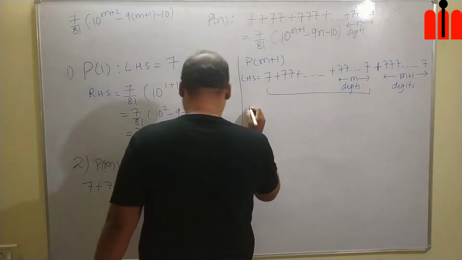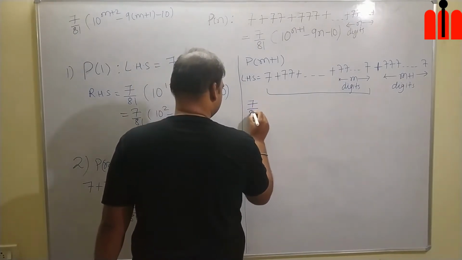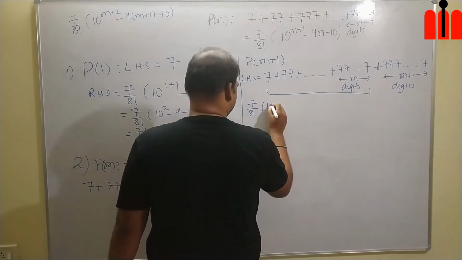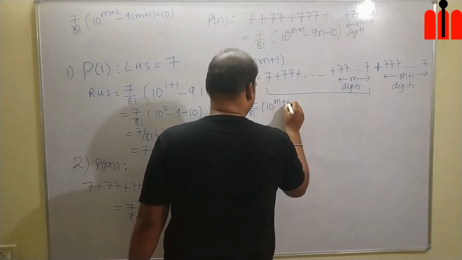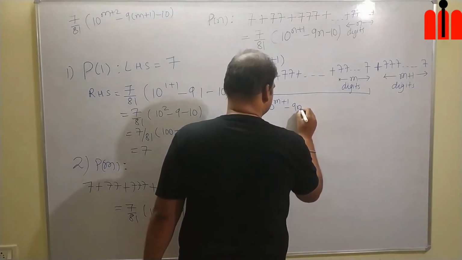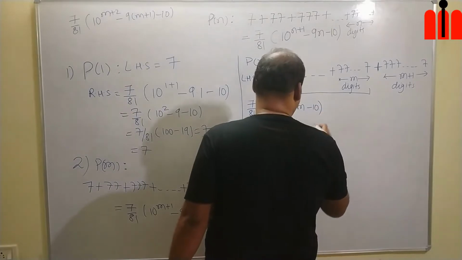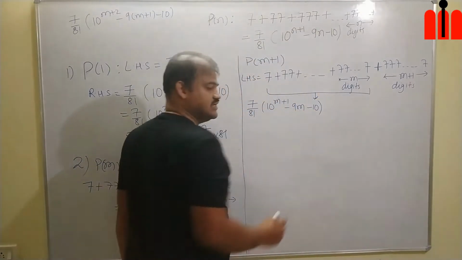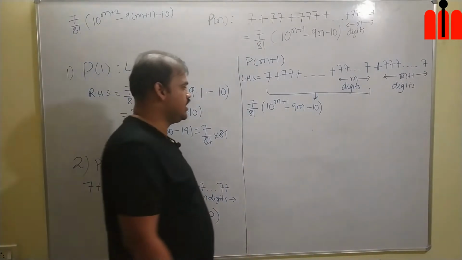So I will write it as 7/81 times 10 to the power of m plus 1 minus 9m minus 10. Okay, till these m digits we can write it.